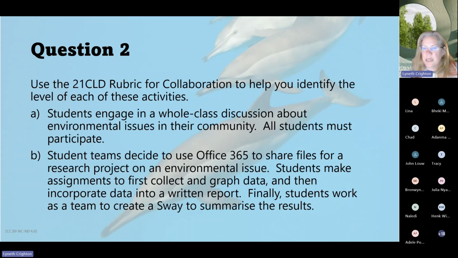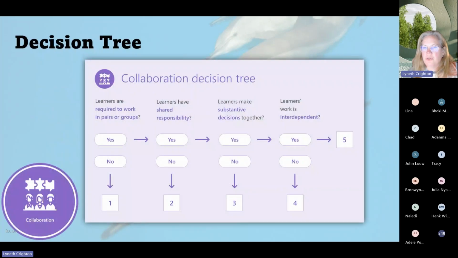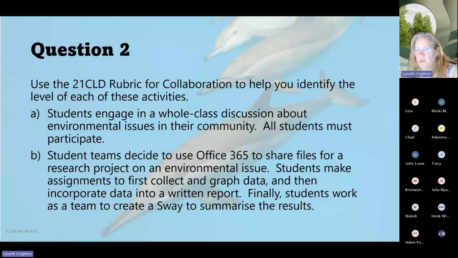Or is it that, yes, it fulfills right up to level 4, but there is no interdependent work, because from the information we're given, it keeps talking about students make assignments, students share files, students summarize and create a Sway. So does everybody understand why for me, that would be no and only a level 4.